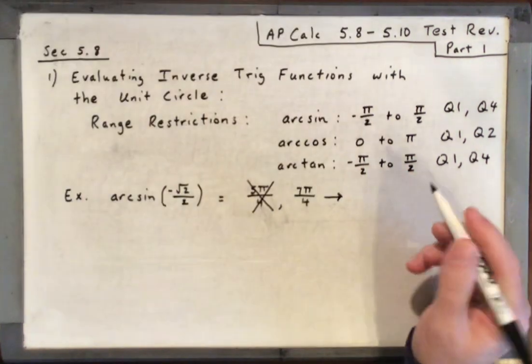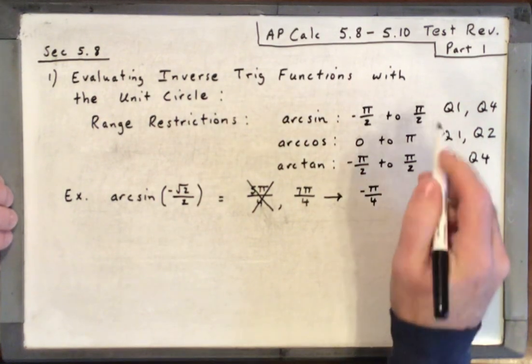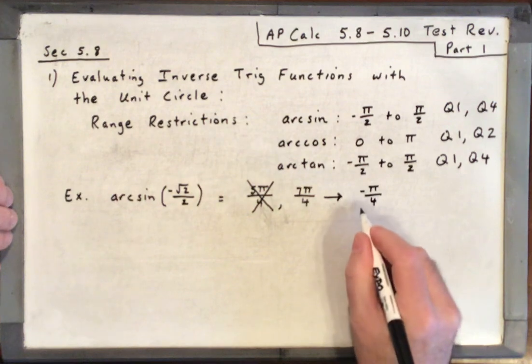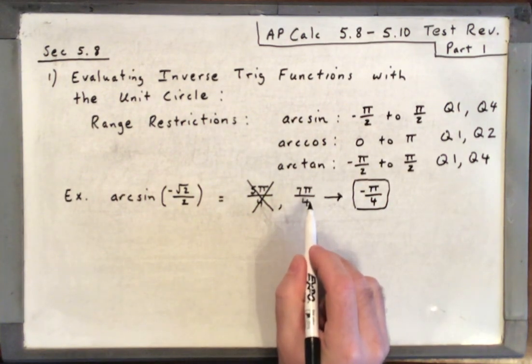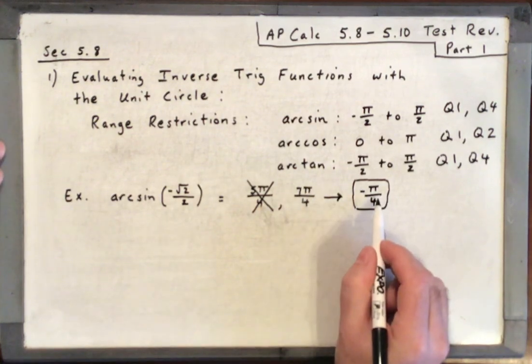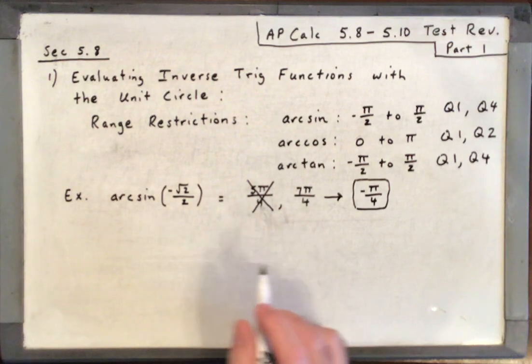Okay, it's the exact same thing, and that's how you have to report it, because that number's within this range of negative pi over 2 to pi over 2. Even though 7 pi over 4 is coterminal, it's the same angle, you can't report it that way. You'll count off if you do that.